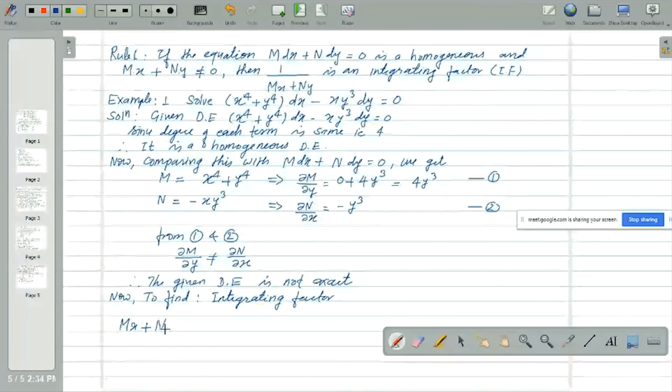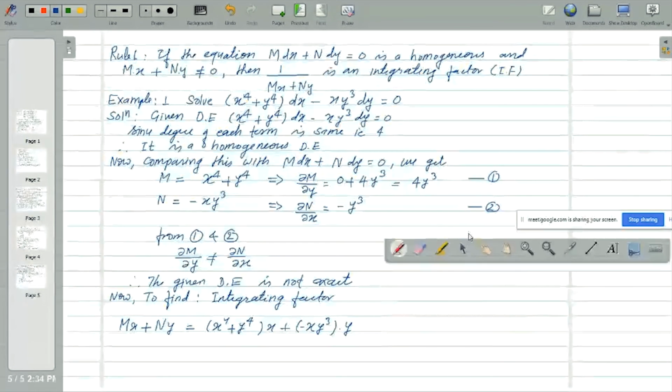This equals M, which is x raised to 4 plus y raised to 4, into x, plus N, which is minus x y cube, into y.